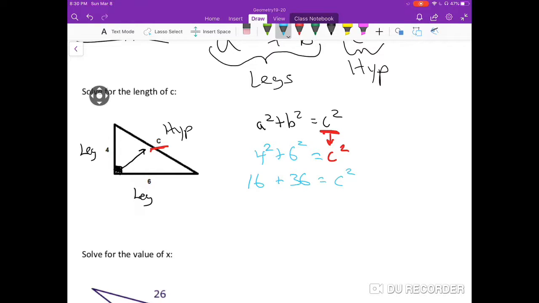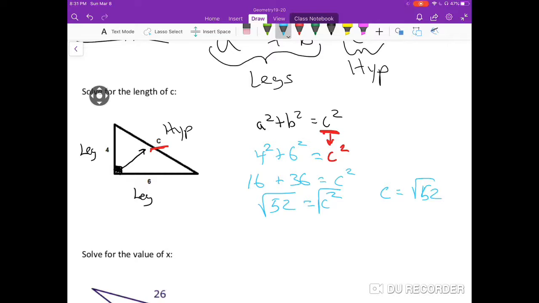So 16 plus 36, I believe, is 52. Equals c squared. Square root both sides to get c by itself. Get c equals the square root of 52. Now, what we'd want to do with that square root of 52 is, if possible, we're going to want to break it down.